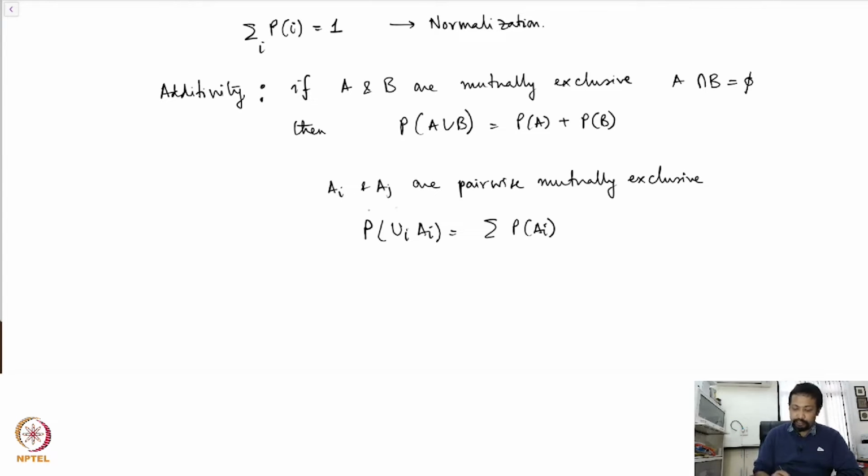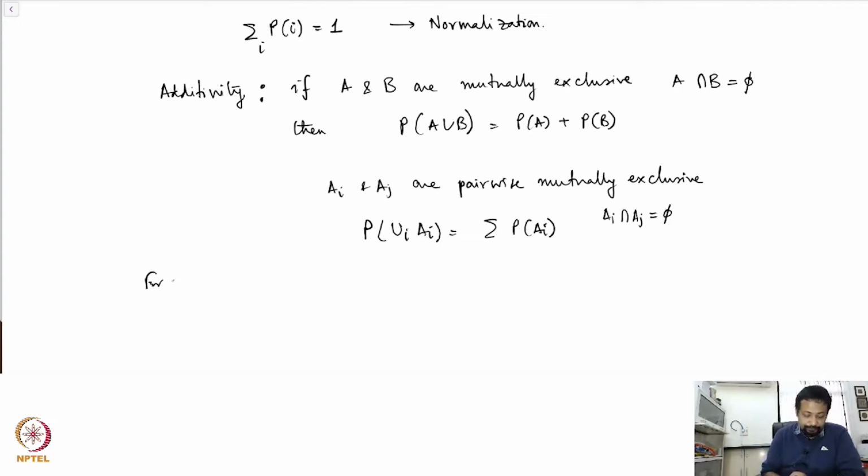So if Ai and Aj are pairwise mutually exclusive, which means that Ai intersection Aj is the null set phi, then the additivity theorem can be generalized in this form.